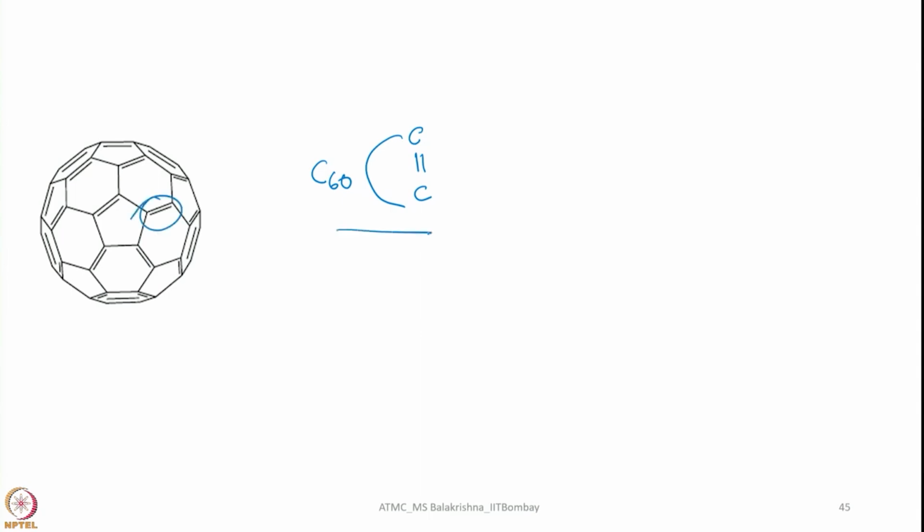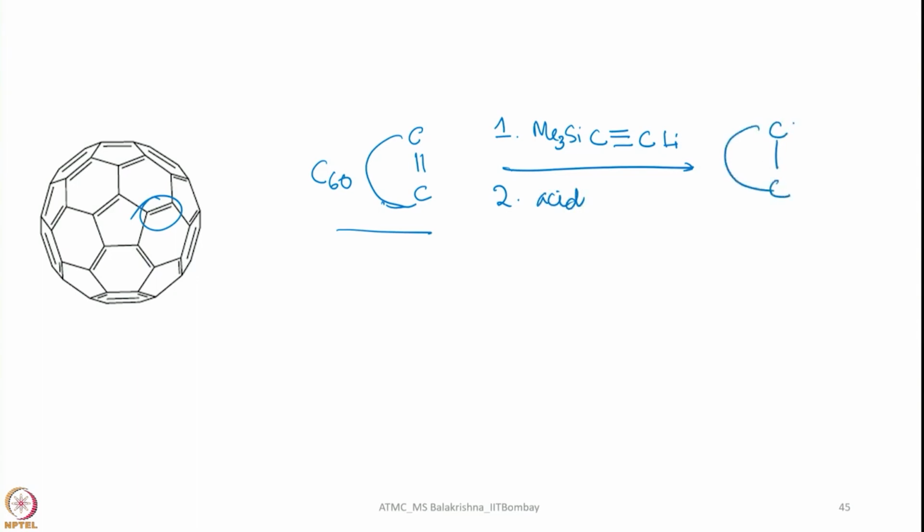In this way you can represent it, and then let me treat this one with lithiated alkyne such as Me3Si, and then followed by adding acid. So, one can make a compound like this.